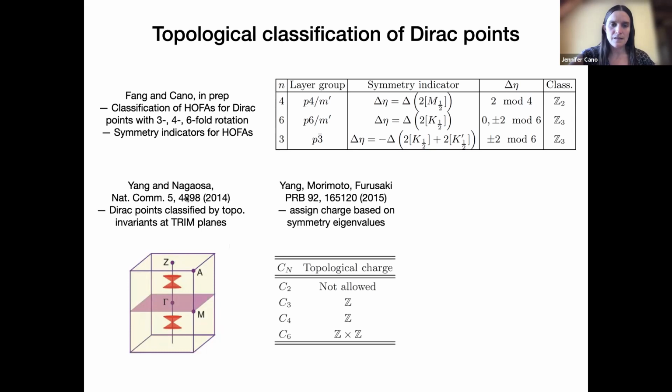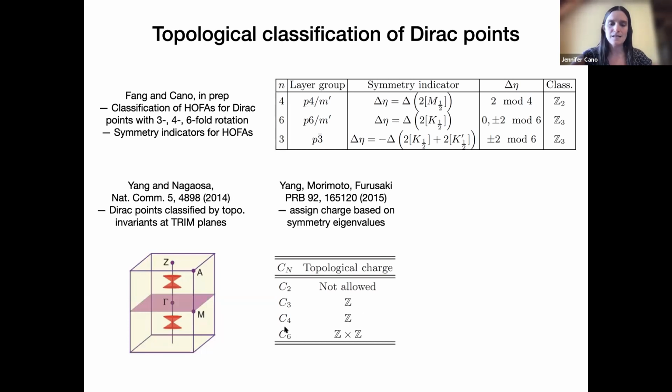Then there's, I guess one year later, some other really nice paper by some overlap of authors where they do something similar to what I just discussed. They consider a Dirac point as a crossing of different types of eigenvalues, and they can assign a topological charge based on the difference in the eigenvalues that cross. And so they also give some kind of classification, which will say every time two bands with different eigenvalues cross, that contributes 1. And if you have multiple of these, therefore we have some kind of Z index.